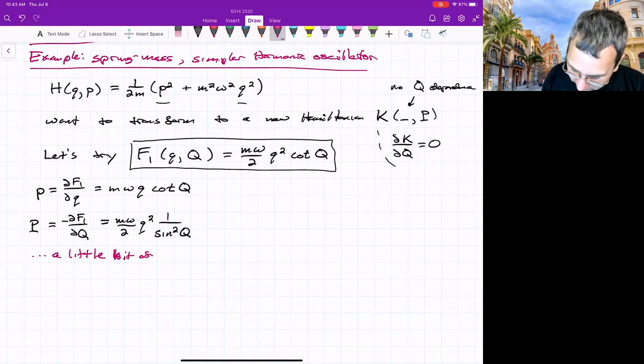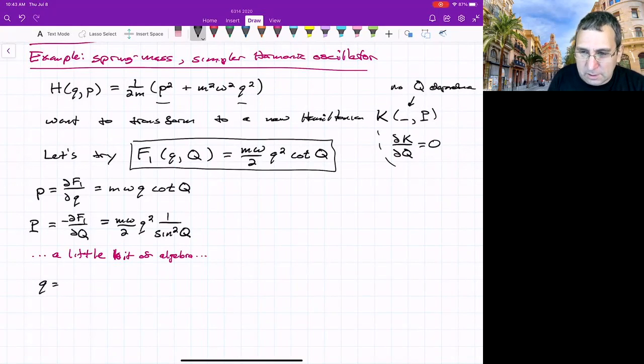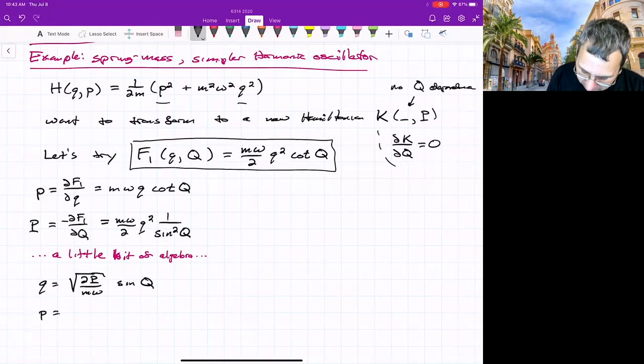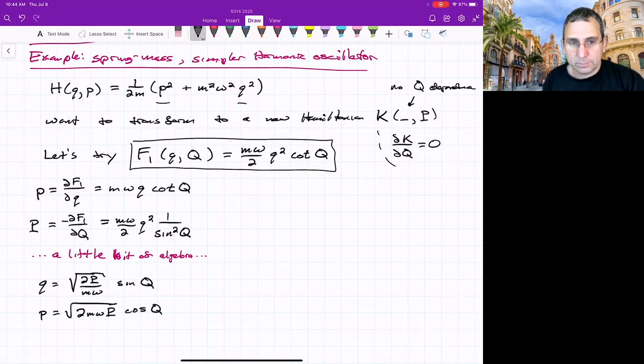I'm not going to say it's trivial. Maybe it is. You get q equals square root of 2P over m omega times sine big Q, and p equals square root of 2 m omega P times cosine Q. And that's the same transformation as before.